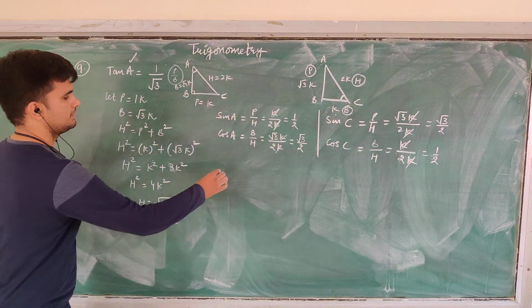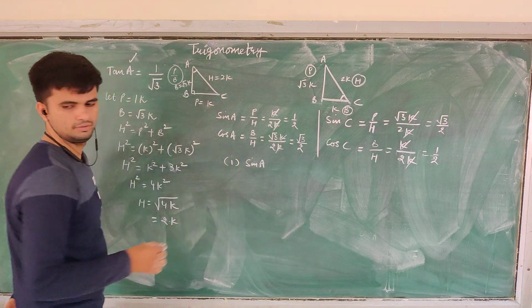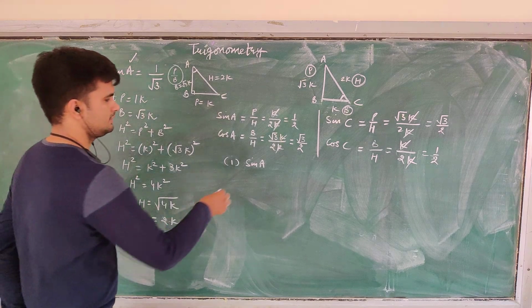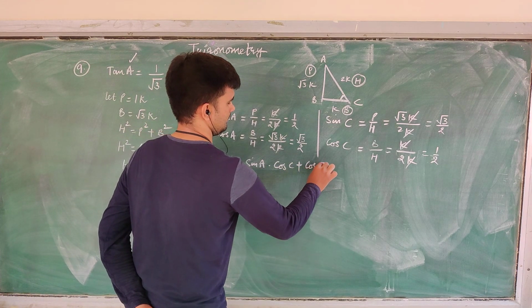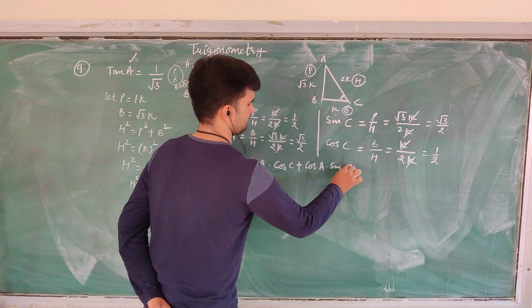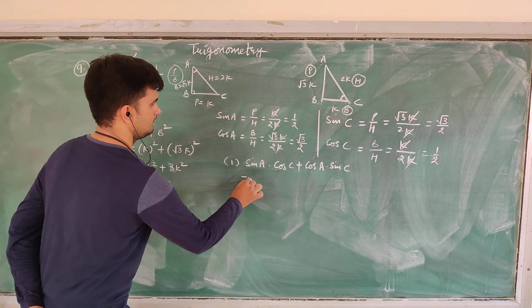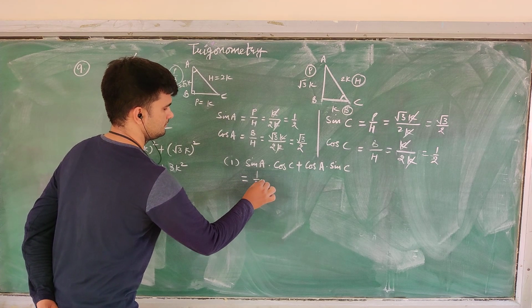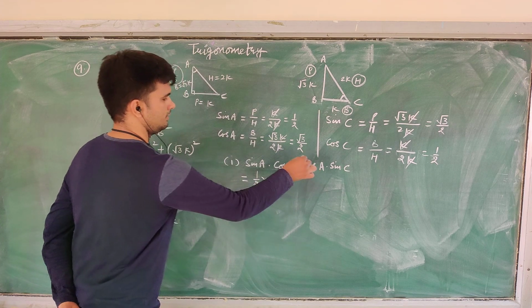Now see in first part, sin A cos C plus cos A sin C. Sin A is 1 by 2 into cos C is 1 by 2.